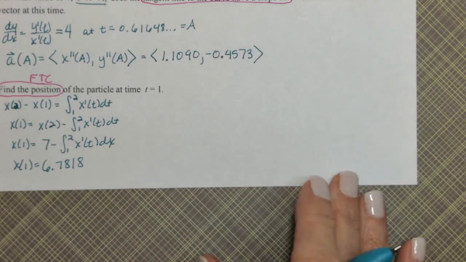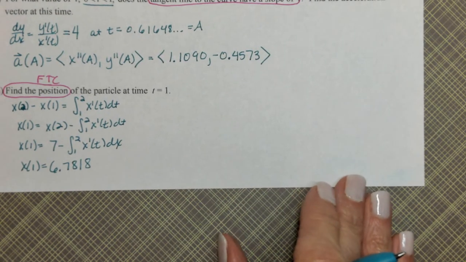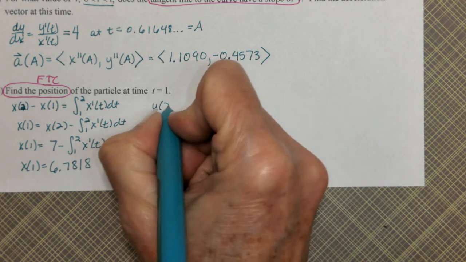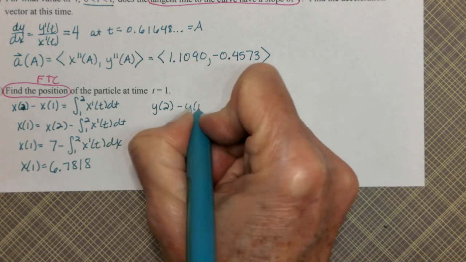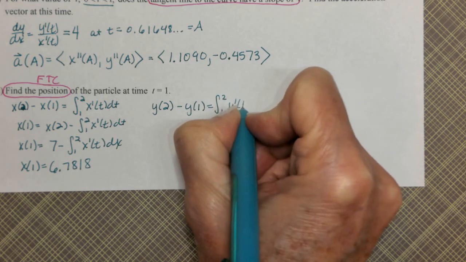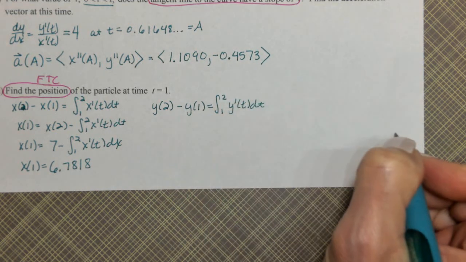And we will do the same procedure for the y component of the position. Y at time 2 minus y at time 1 is the integral 1 to 2 of y prime, which is stored in for our y2.